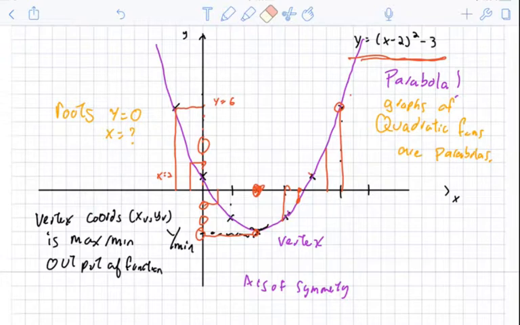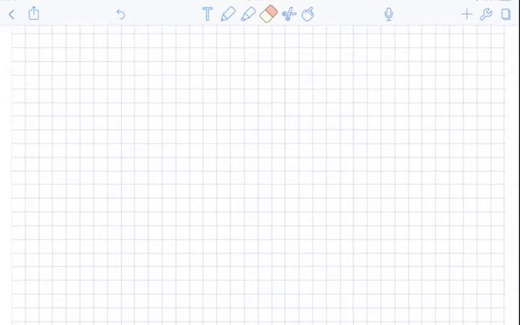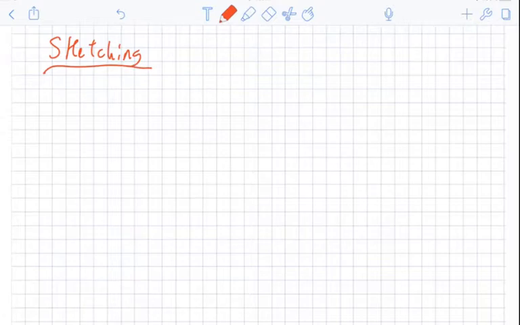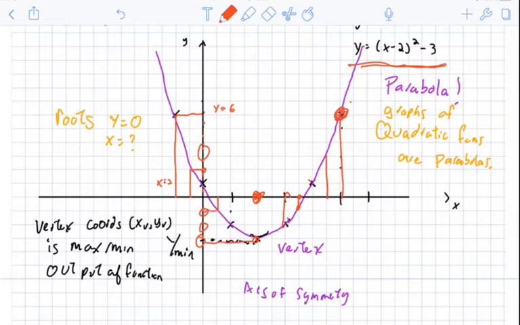Okay. So, let's do a quick thing about sketching graphs. There's a difference between sketching and plotting a graph. If I plot a graph, I want to be able to use it to find the output for any input I give it, so you want it to be super accurate.